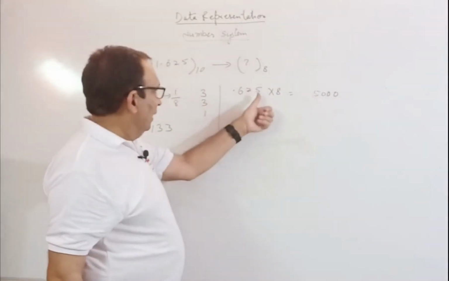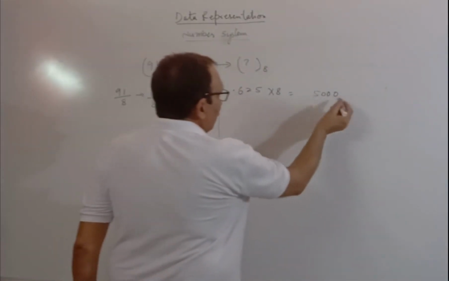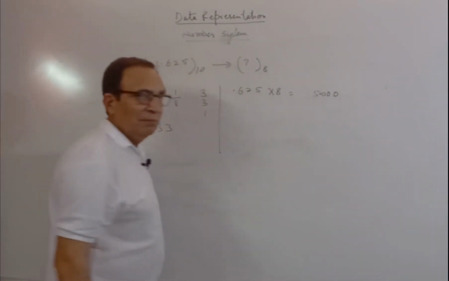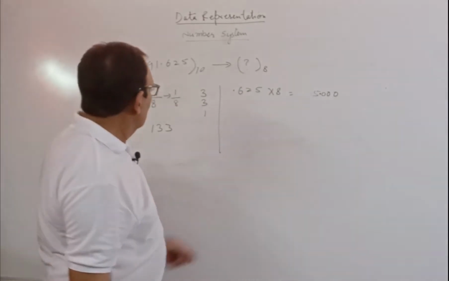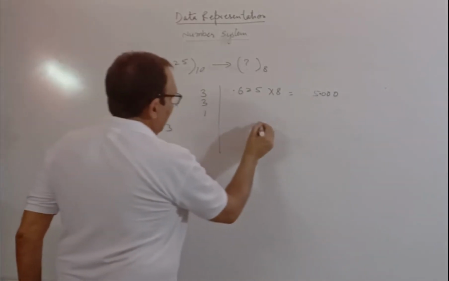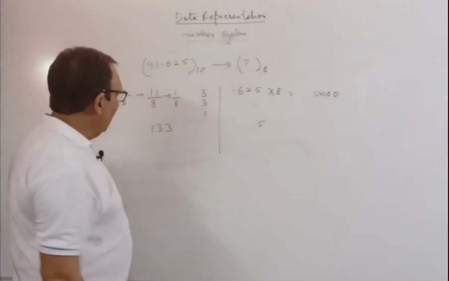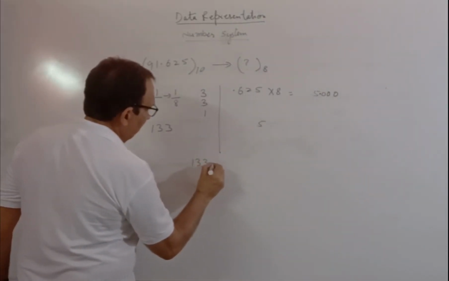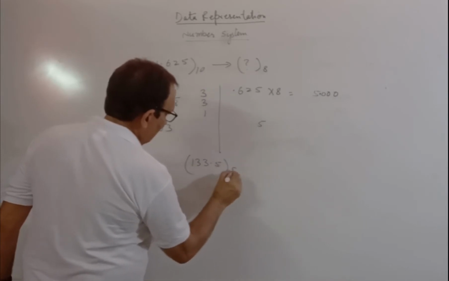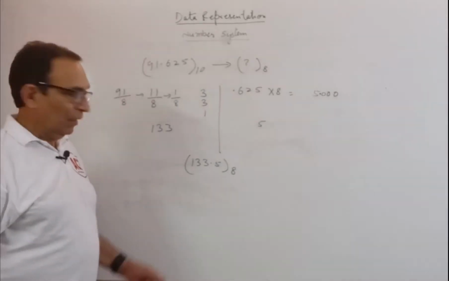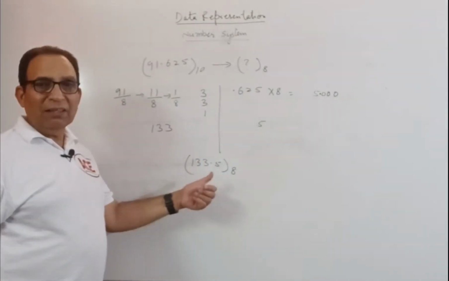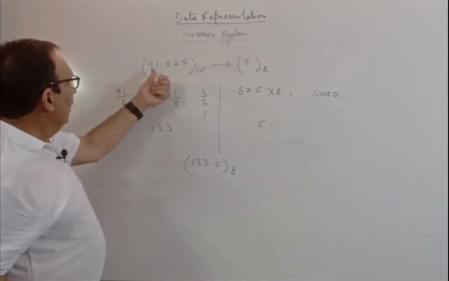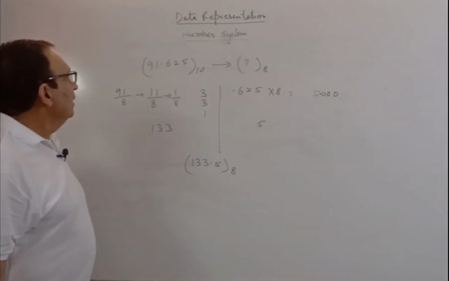You put the decimal after 3 points, so this is coming 5 here. Let us write this number. This number comes 133.5, and write it here. This is the octal equivalent of the decimal number 91.625.